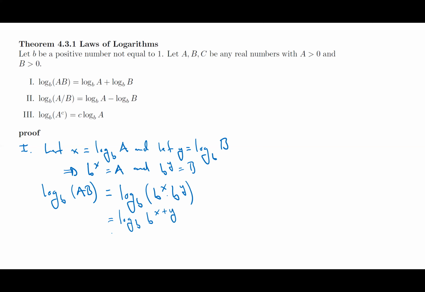And that's just what? Well, log base b of b to some power is just that power, x plus y. And what did we say x was? Oh yeah, log base b of a, and y is log base b of capital B, okay? So that's property 1.